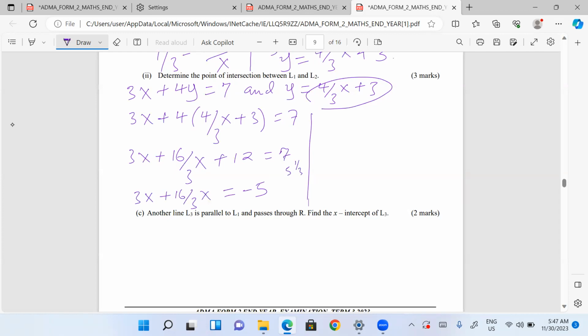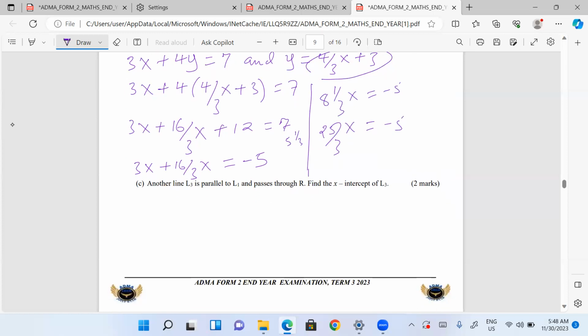Therefore, when I add 3, I'm getting 8 and a third, and 8 and a third x equals negative 5. This one can also be written as 25 over 3 x. So this is equal to negative 5. So that we may talk of multiplying by 3 over 25 and 3 over 25.